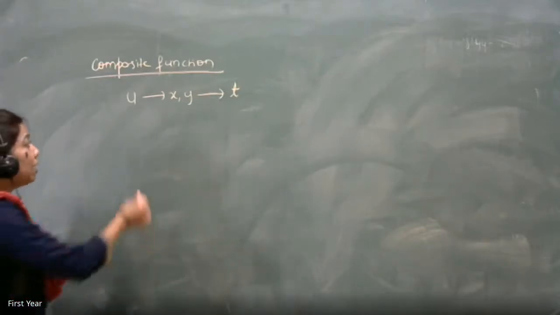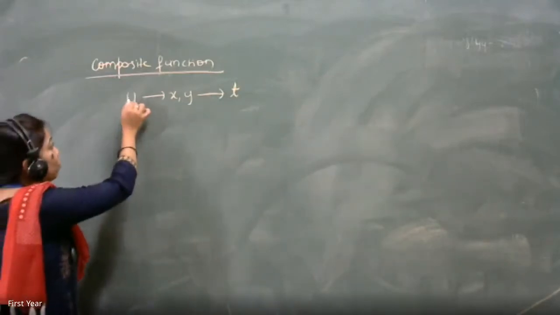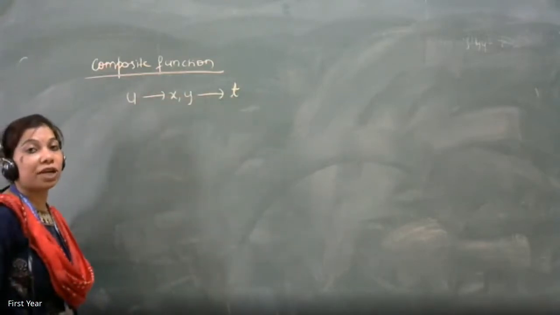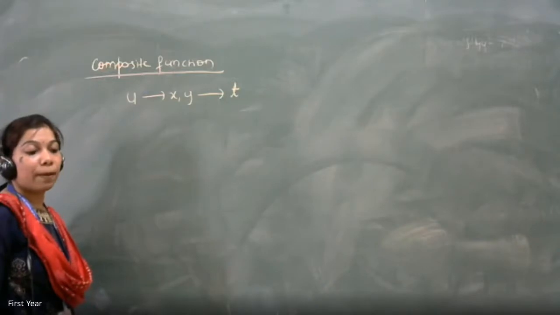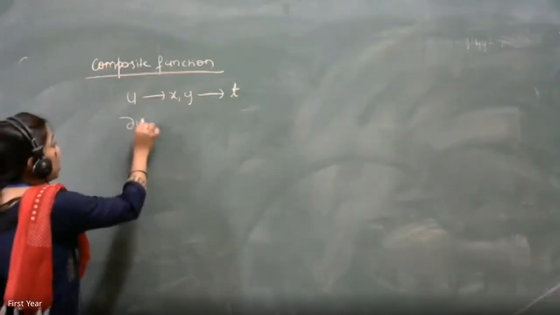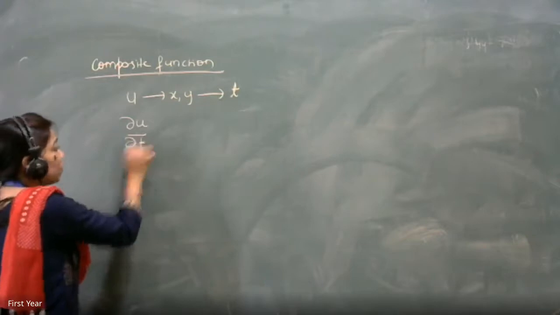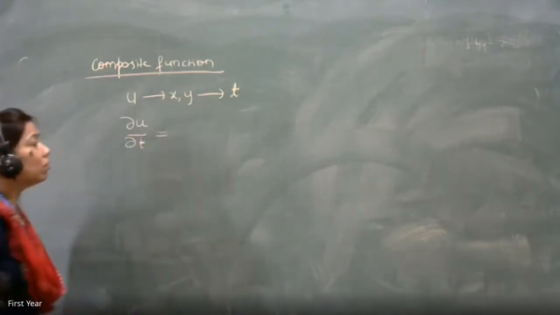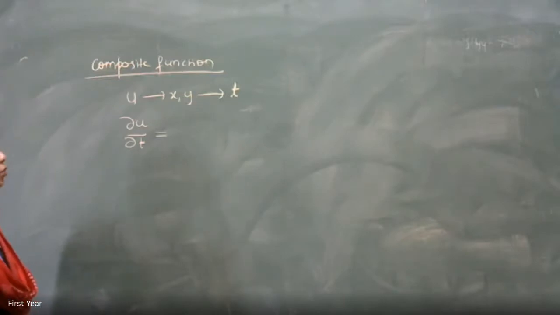So tell me what will be the derivative of u with respect to t? Whether it will be an ordinary derivative or a partial derivative. Okay, let us write down del u by del t. Since you are saying it is a partial derivative, what will be the value of this? How can I reach t? What are the different possible ways of going to t?